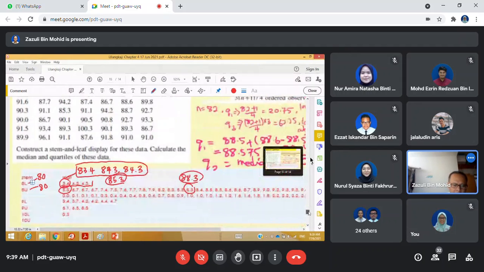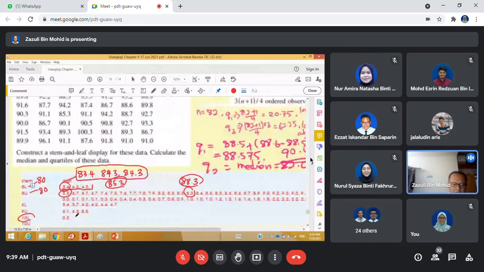It represents data of 100. If the leaf is 0.3, that means 100.3. Okay, and this one is 96.1, 96.5, 98.8.